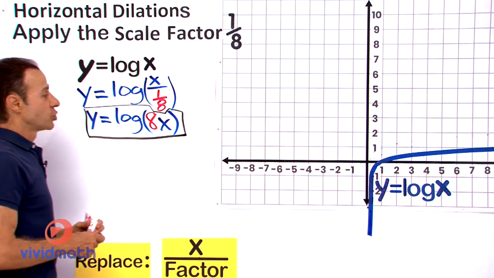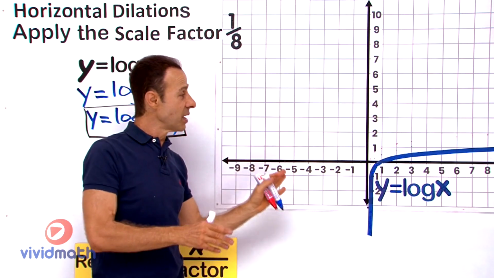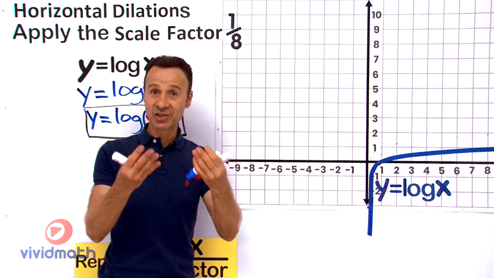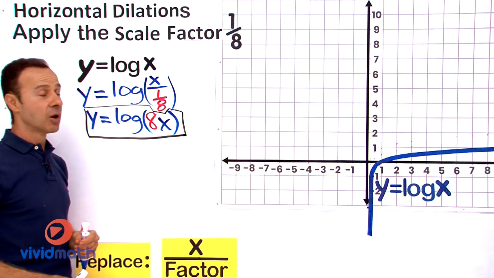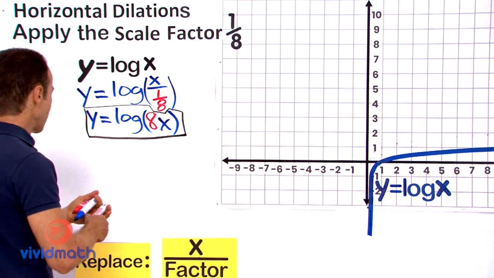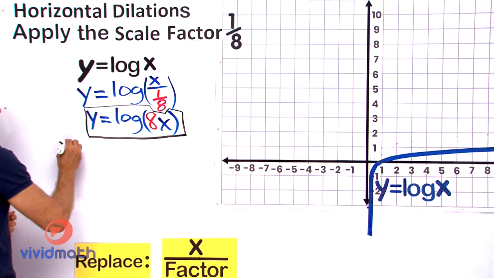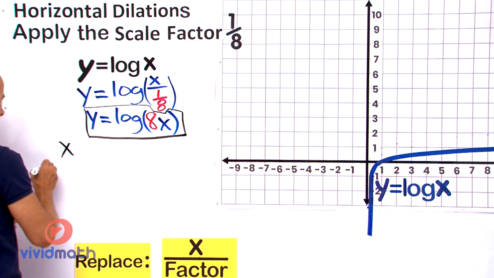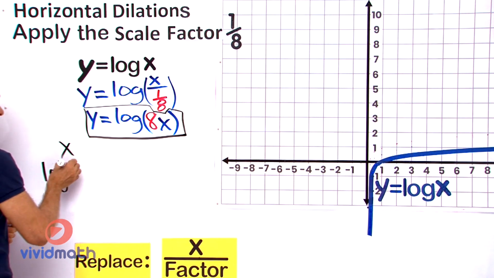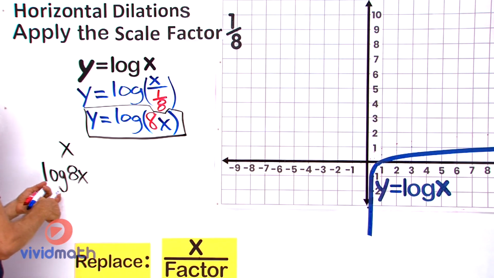So let me just draw a table of values, just a few points, so we can sketch it up here and actually see and gain more clarity into that log 8x. So we'll start off with the x value, and we'll write down log 8x.